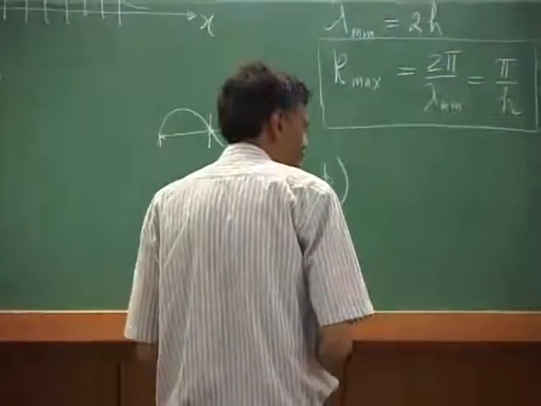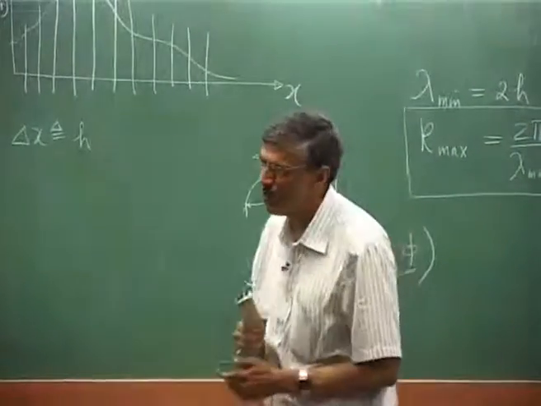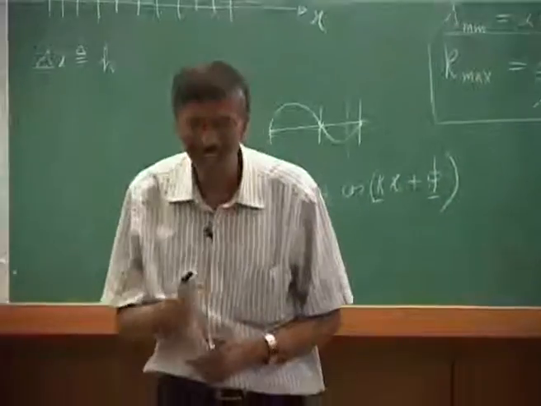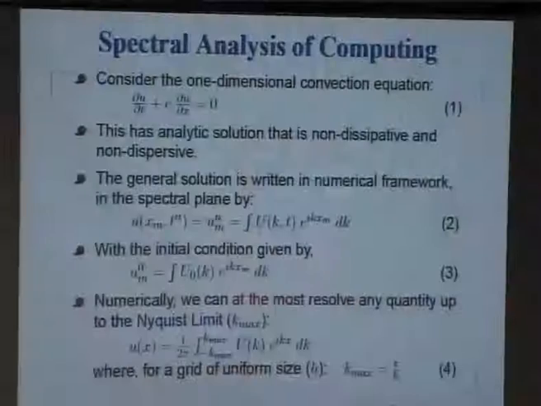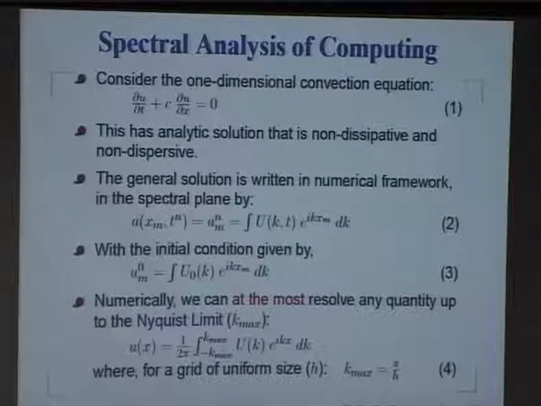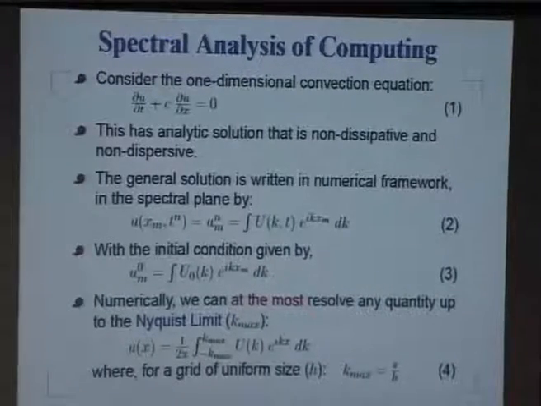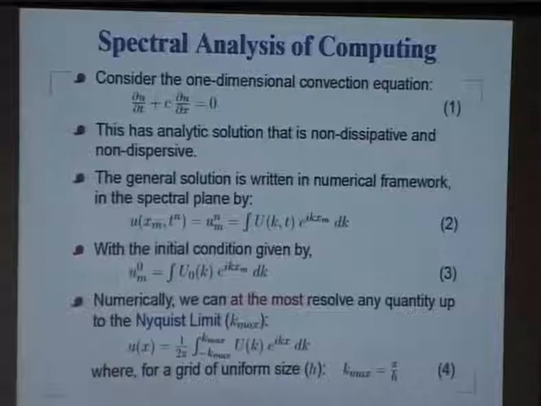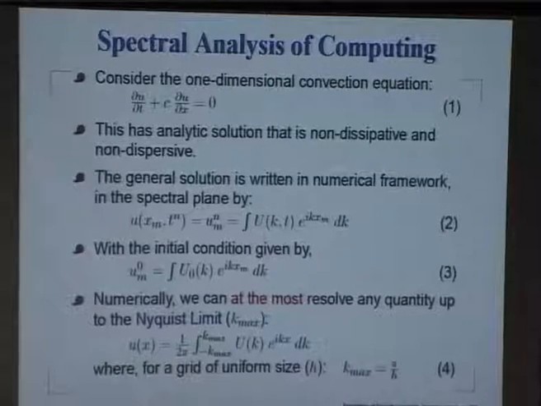So, what happens then? The very fact that we are constrained to work on a grid of size h tells us that despite our fervent wish that we should like to take it from minus infinity to plus infinity, all we could do is go from minus k max to plus k max, right.